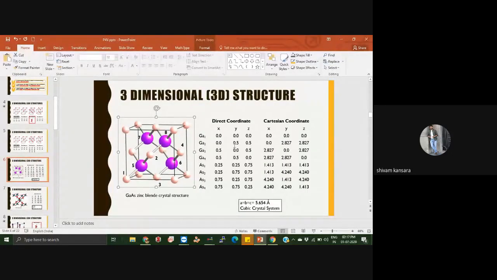The third atom is below, and the coordinate is 0.5, 0, 0.5. And the fourth atom is in another face, so the coordinate is 0.5, 0.5, and 0. So these are the coordinates of the gallium atoms.